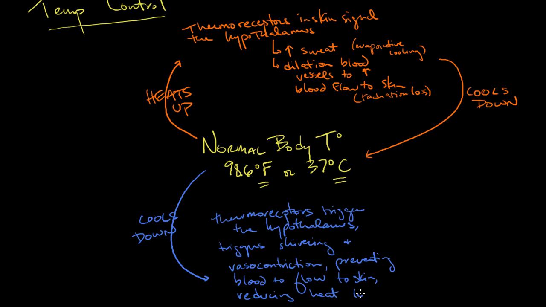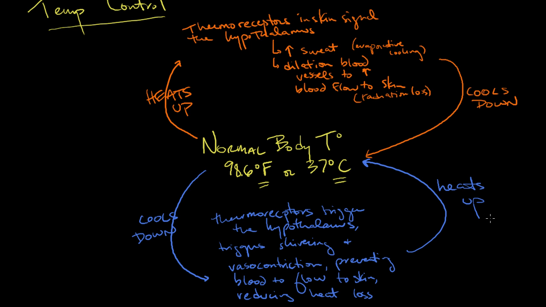You could also think of this as the blood being retained in your core to keep your vital organs at the normal body temperature. It has a warming effect, and then what ends up happening is that the body heats up.